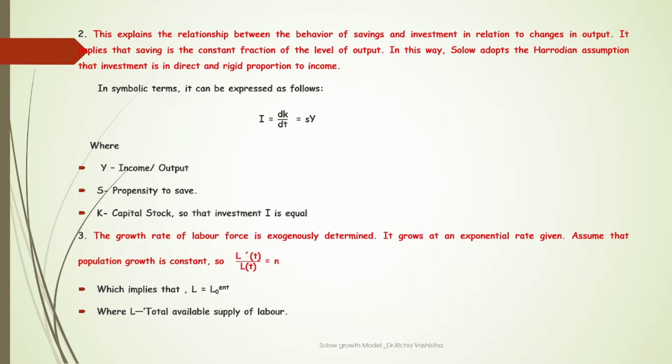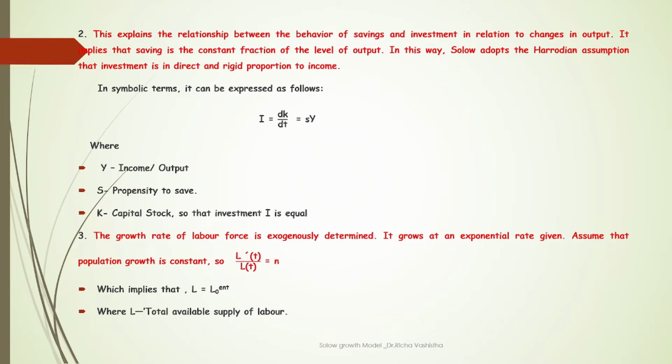Assumption number 3 says that the growth rate of the labor force is exogenously determined. It grows at an exponential rate, which means it is assumed that the labor force has been growing exponentially.